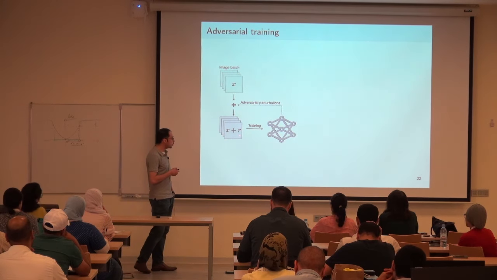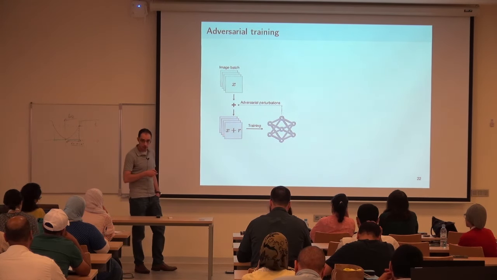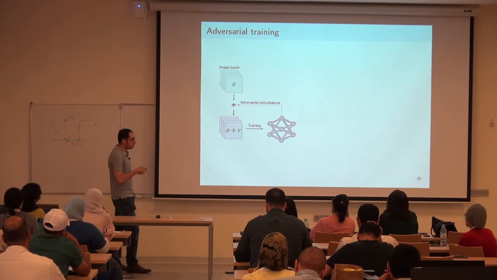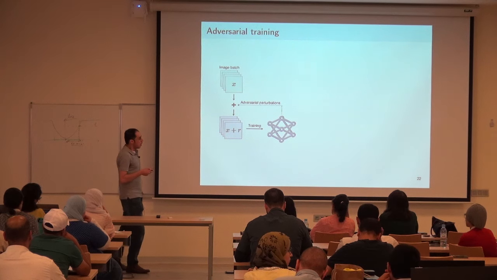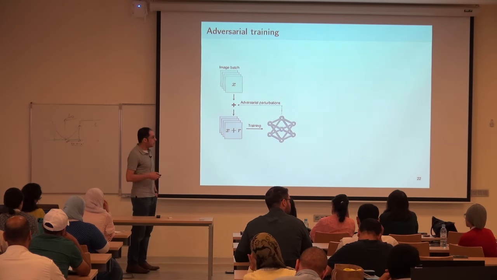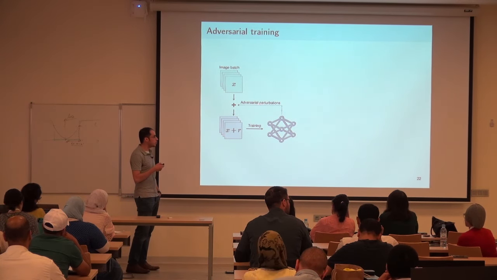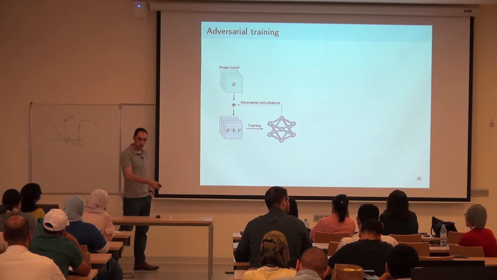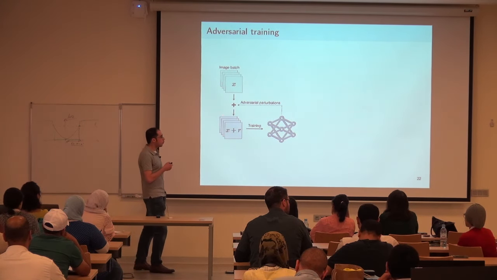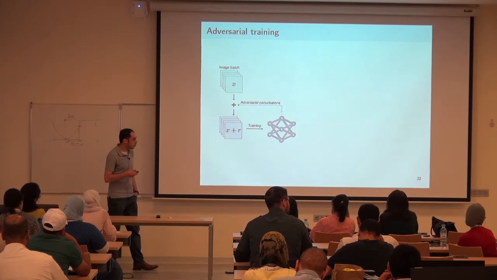Okay, and then you're going to train. You compute the gradient of the network with respect to the weights evaluated at this, and you update the weights. Then you compute adversarial perturbations again for the new network. You form the new batch, you train, and so on and so forth.